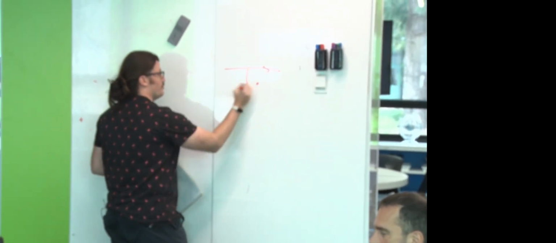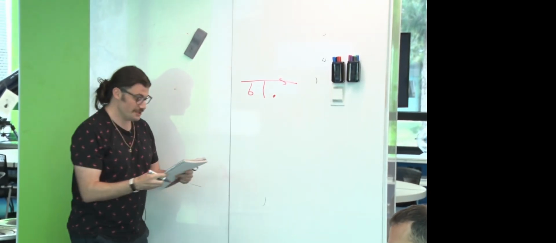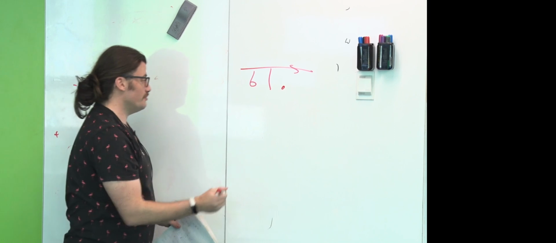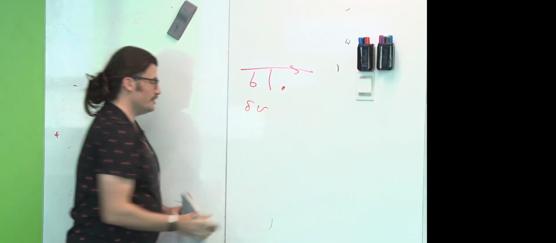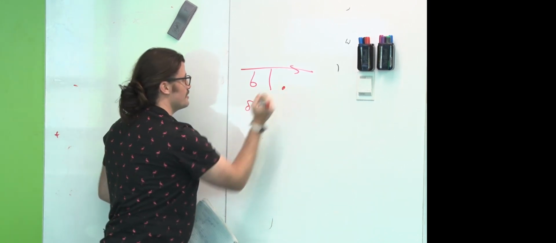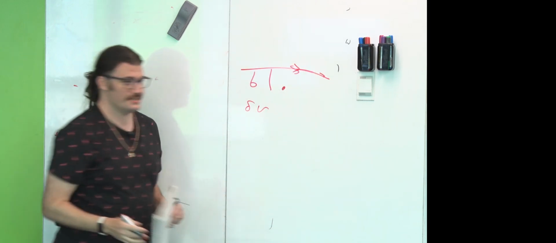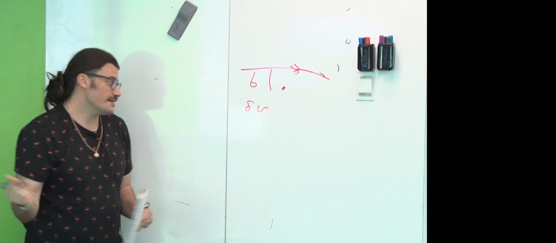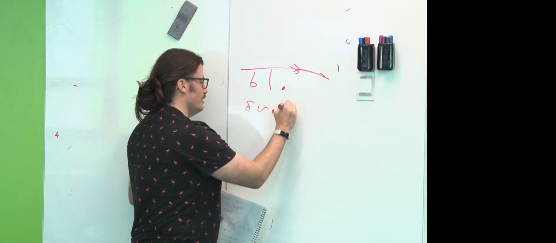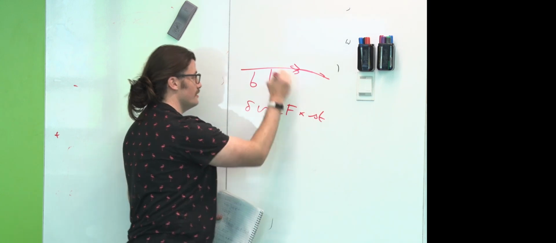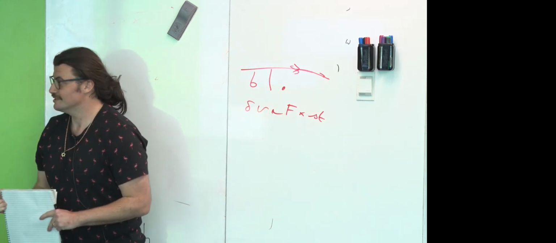Maybe we have some impact parameter b, and you can calculate the typical change of the velocity after this flyby. Let's pretend it's fast enough, so it's going to be the typical force times the typical time that we're passing close to it.